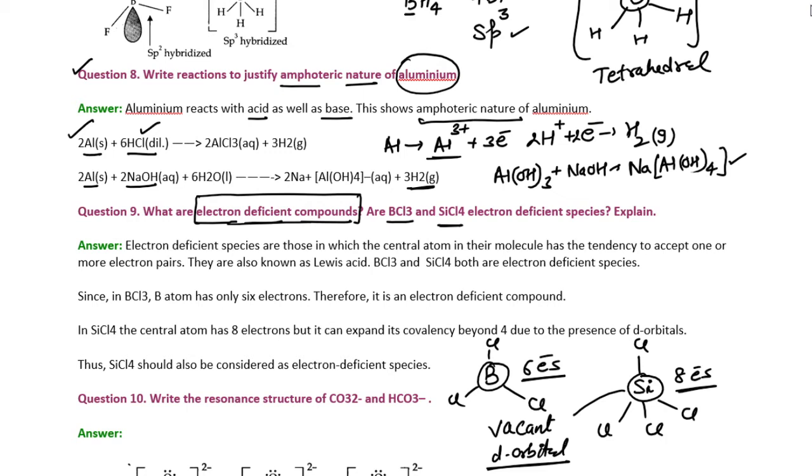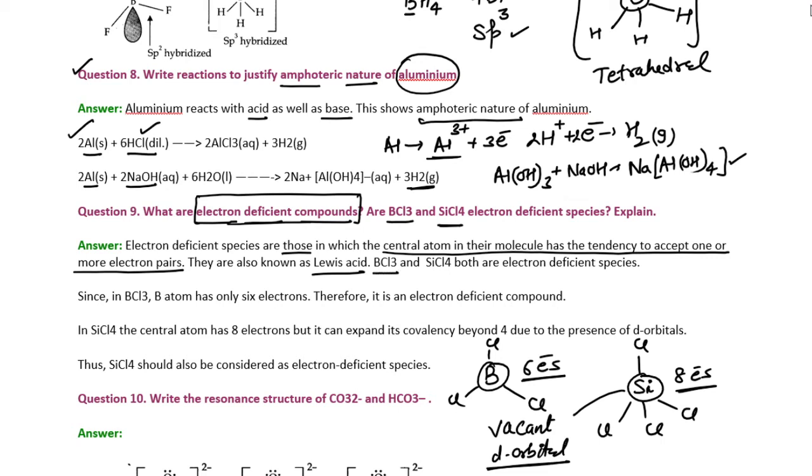d orbital. So see, it is written, electron deficient species are those in which central atom in their molecules has tendency to accept one or more electron pairs. You should write like this: if that central atom in the given molecule has tendency to accept one or more pairs of electrons, that means that is an electron deficient compound, and they are known as Lewis acids.